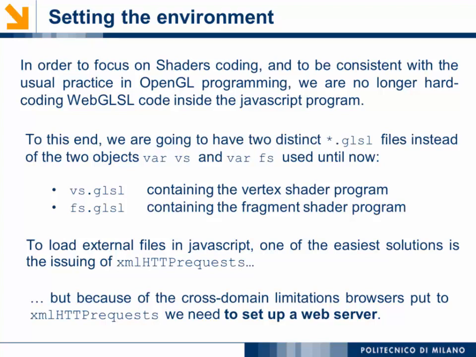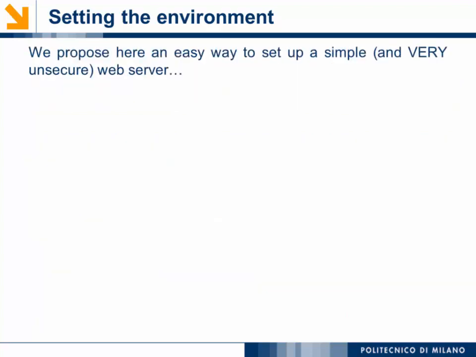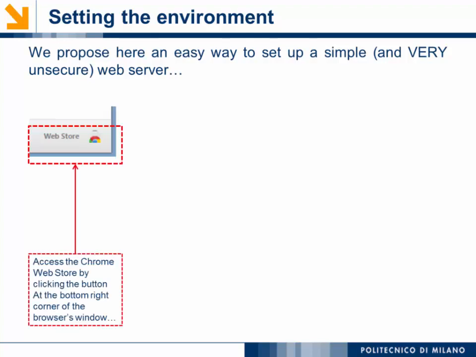So we are going to set up a web server. The easiest one I found, and also a very unsecure web server, is just an extension of Google Chrome. Probably there are other much better. If you want to use any other web server you have on your machine, you are very welcome to do that.